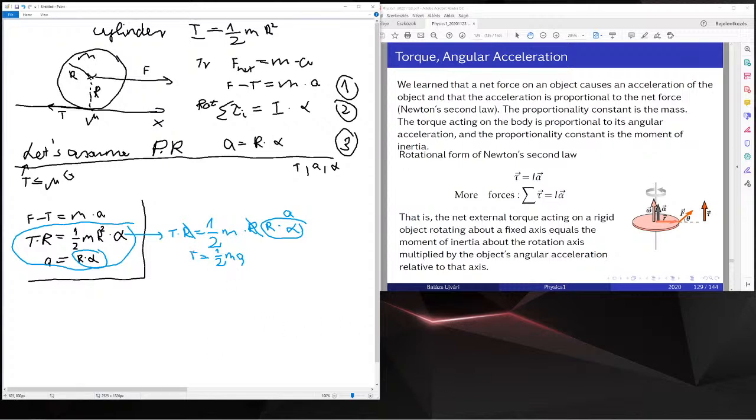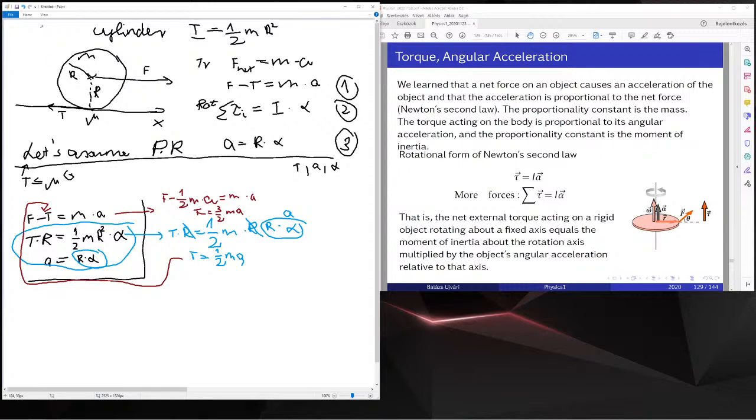We still can't solve it because we don't know T, we don't know a, but with that information we can go back to the translational form of Newton's equation and say, F minus, and let's write 1 over 2 m a instead of T, means F equals 3 over 2 m a.